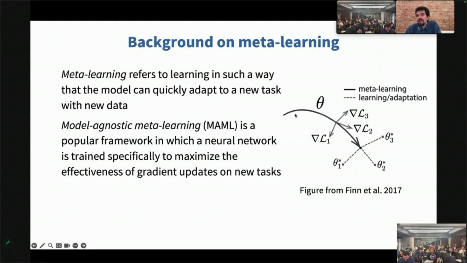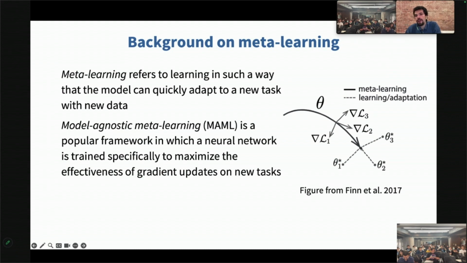What that means is, if this is your learning process, if this is parameter space, normally you would be moving to minimize the loss. Here you're trying to move to minimize the loss if you did a parameter update. So you're moving to a point here in parameter space where if you did a gradient update with data from task 1, you'd end up in a good place for task 1.